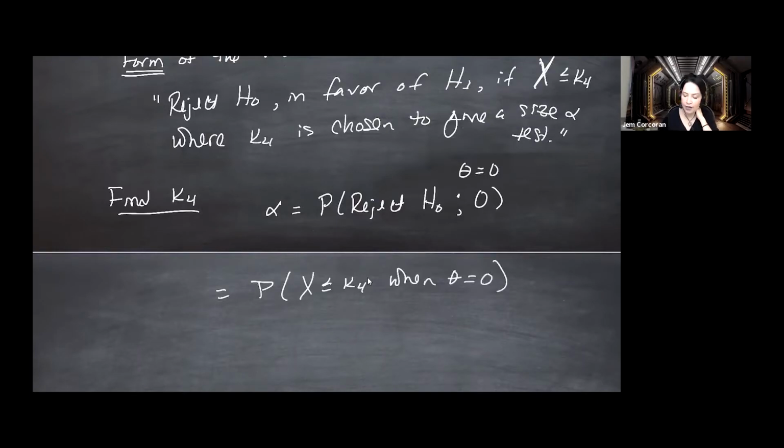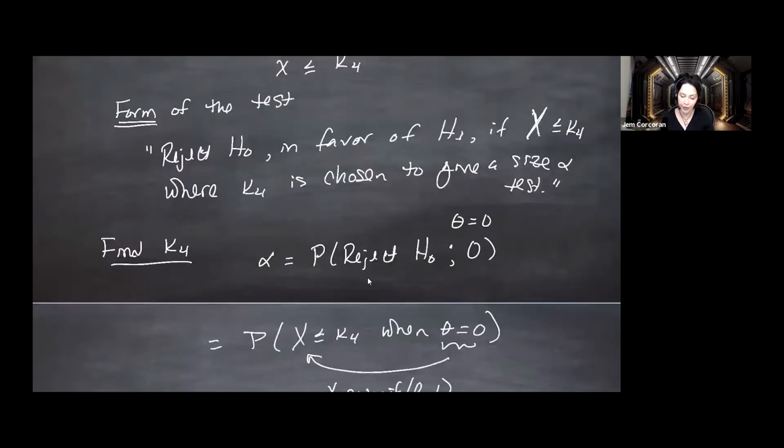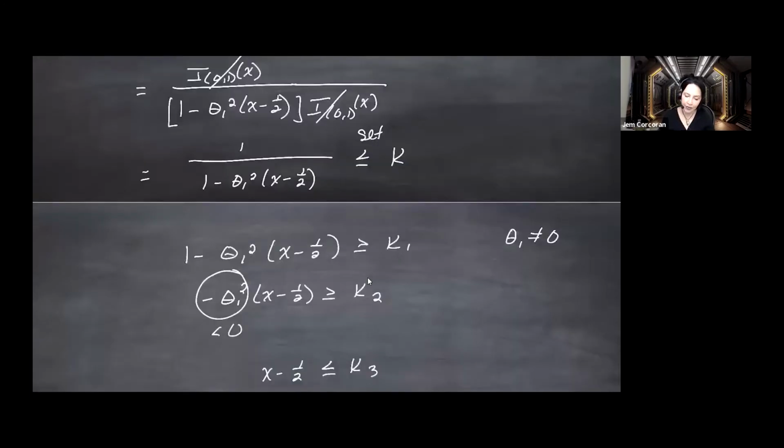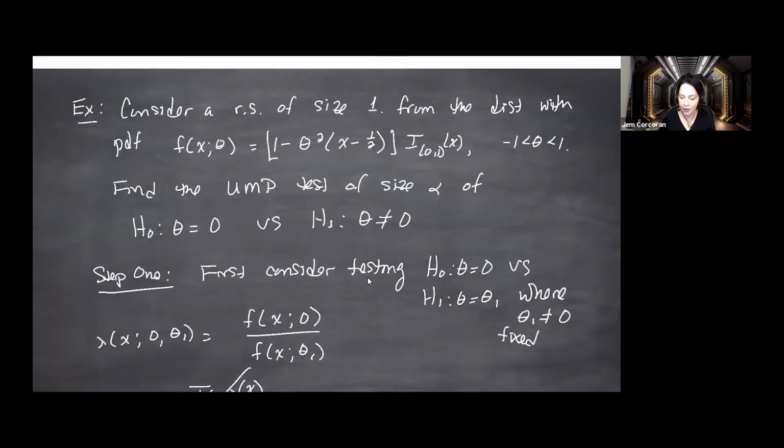And so when theta is 0, that tells us that the x is uniformly distributed on 0 to 1. Let me just go back and show you the original PDF. So from here, if you plug in theta equals 0, you just get 1 times that indicator. You get a uniform PDF.